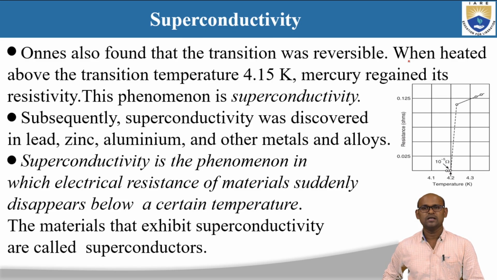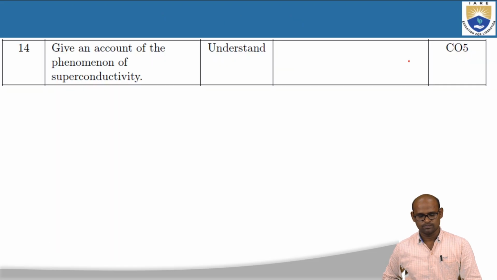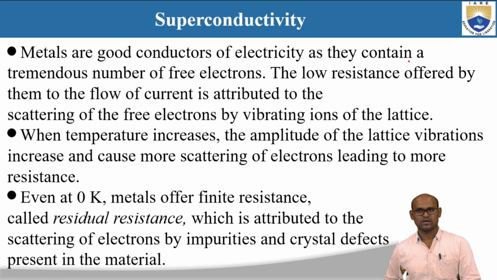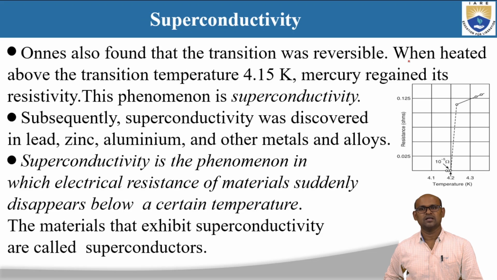Superconductivity is a phenomenon in which the electrical resistance of the material suddenly disappears below a certain temperature, and the materials that exhibit this superconductivity are called superconductors. Give an account of the phenomenon of superconductivity. Just now we have discussed what superconductivity is. It is a phenomenon in which the electrical resistivity of a material suddenly disappears below a certain temperature.